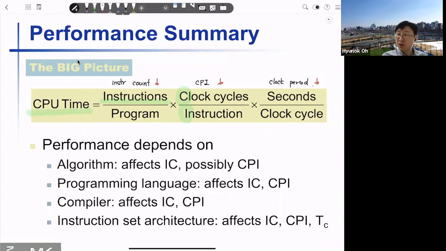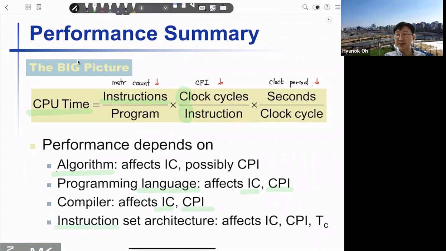So which factor affects which parameter? For instance, the algorithm. Depending on the algorithm, different instructions are generated, so it definitely affects the number of instructions and also CPI. The language also affects CPI and the number of instructions. The compiler affects the number of instructions and CPI.